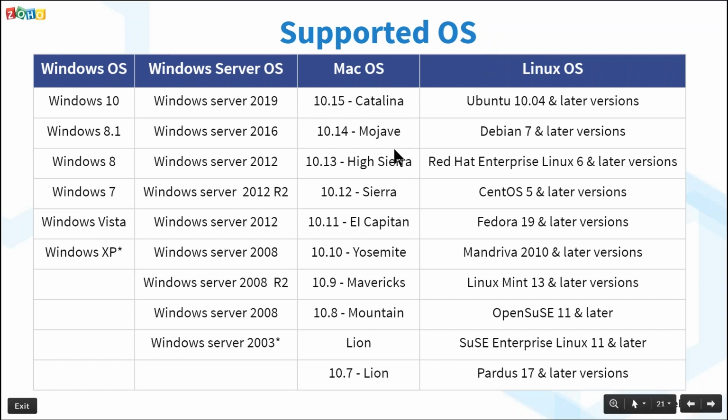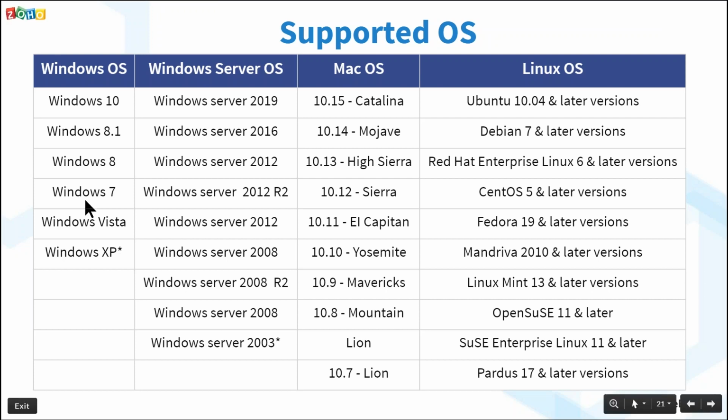Even when it comes to Mac, we support all the major versions. And for Linux, we have CentOS, Linux Mint, and SUSE, as well as Ubuntu, Debian, and all the latest versions available.